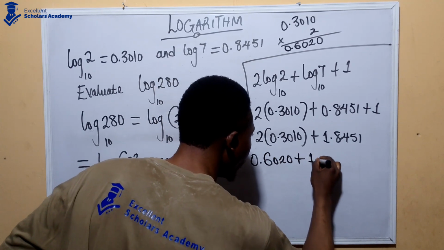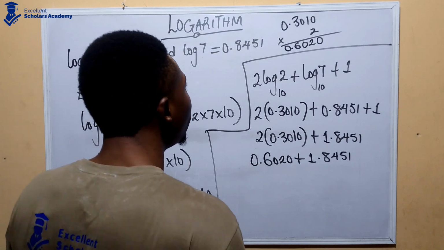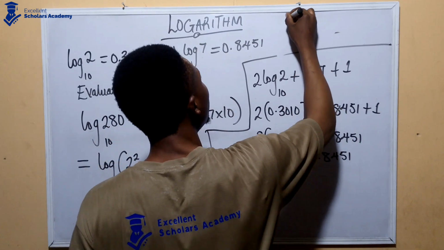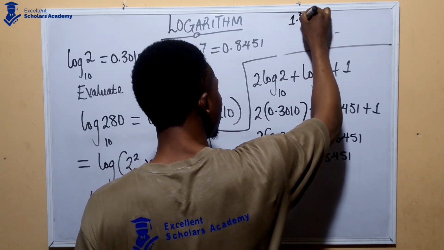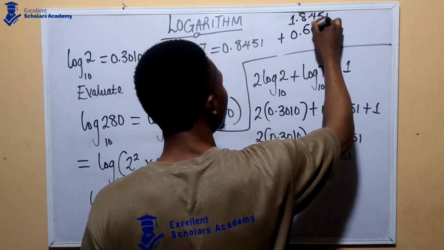0.6020 plus 1.8451. Alright, so let's add this together. We have 1.8451 plus 0.6020.